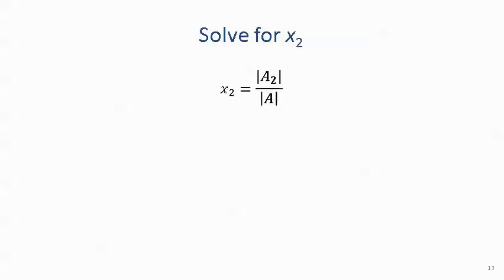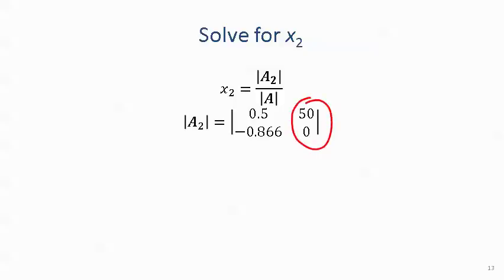Similarly, solving for the second unknown, we'll take the determinant of our second variation of the matrix divided by the determinant of the matrix. Now we have again substituted in our result vector, but this time in the second column for our second unknown, and we've kept the first column of matrix A, and we find that the determinant of A2 is 43.301.